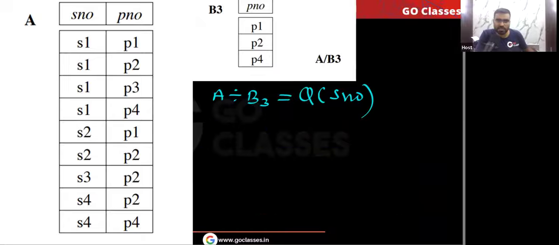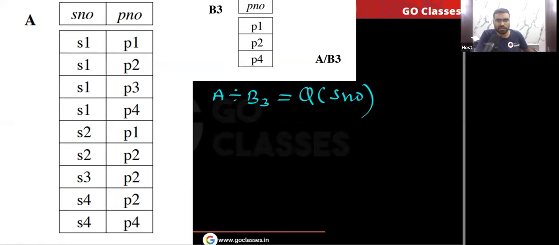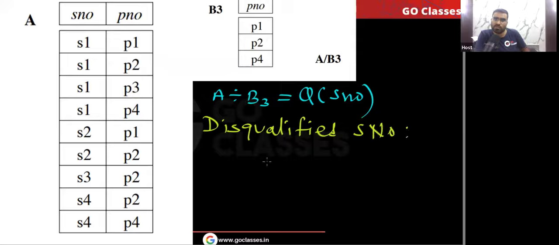And what are the actual pairs? The actual pairs are table A. So what are the disqualified S numbers?